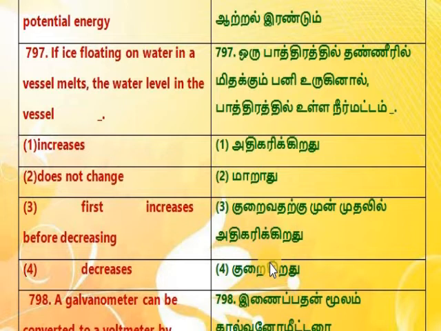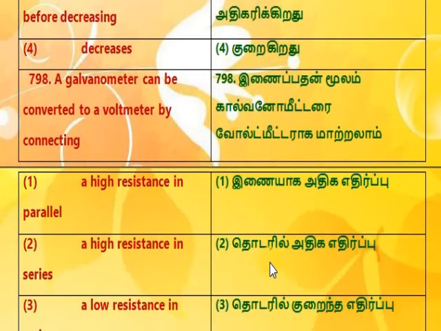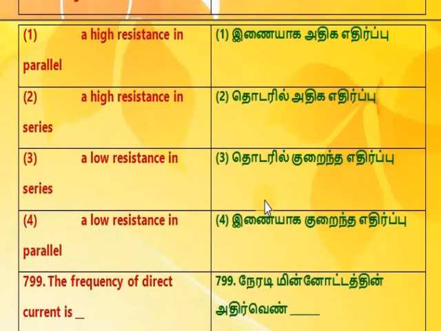Increases, 2. Does not change, 3. First increases before decreasing, 4. Decreases. 798. A galvanometer can be converted to a voltmeter by connecting, 1. A high resistance in parallel, 2. A high resistance in series, 3. A low resistance in series, 4. A low resistance in parallel.